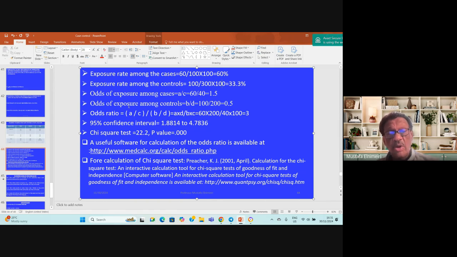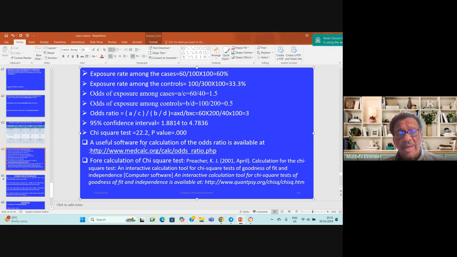The odds of exposure among controls, B over D, is 100 over 200, which is 0.5. Then we calculate the odds ratio, and it is equal to 3. The 95% confidence interval is 1.88 to 4.783, and the chi-square tested is 22 with a p-value of 0.